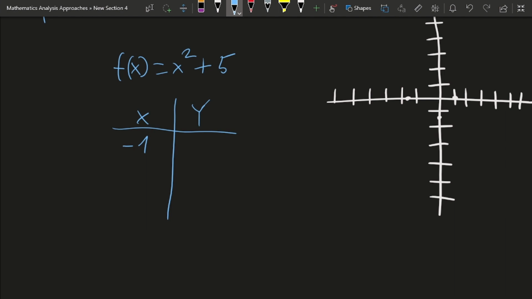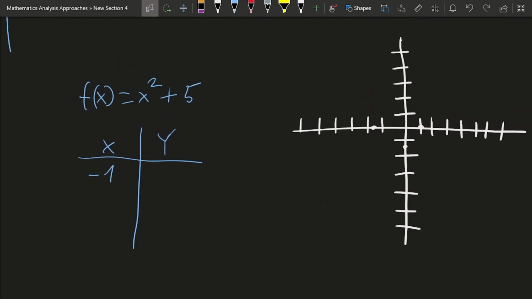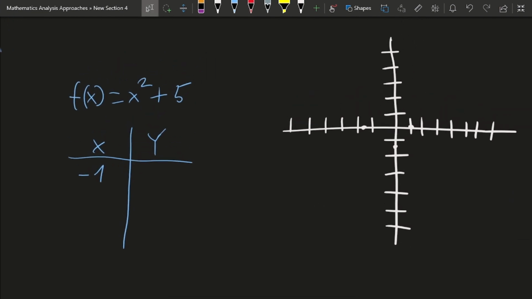Plus 5, that's 6. So let's extend our graph a little bit. Okay, when extended, we can put a point on -1, 6.